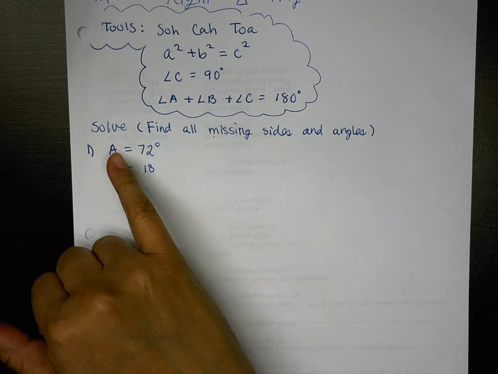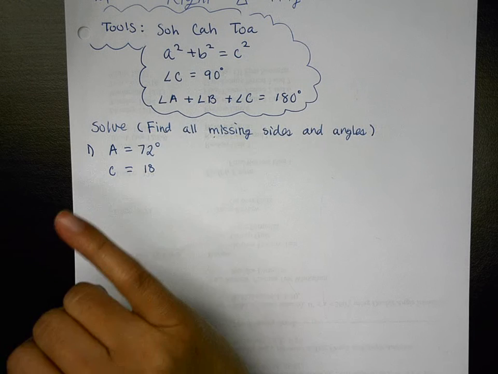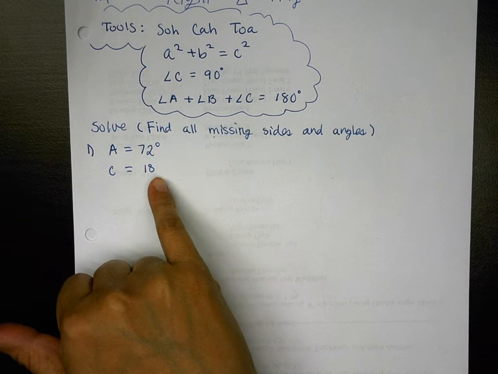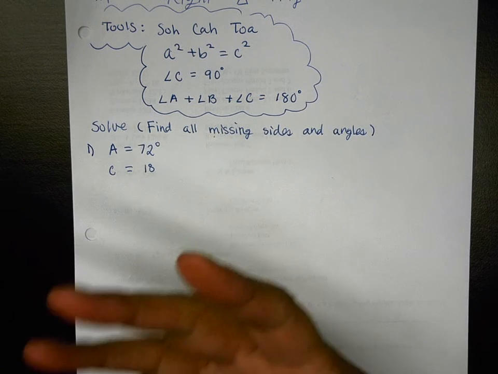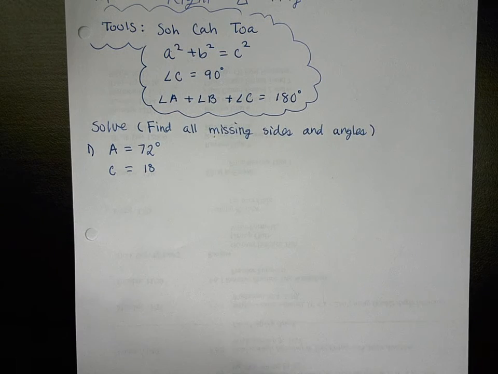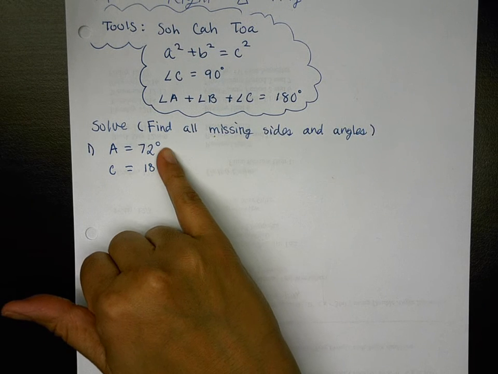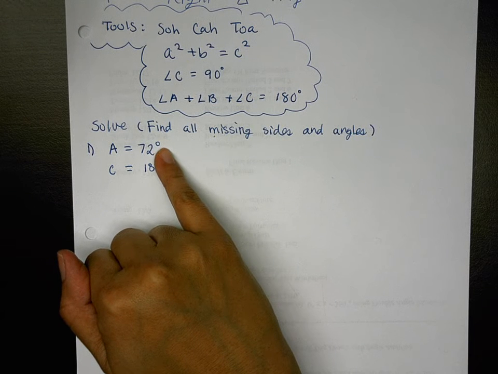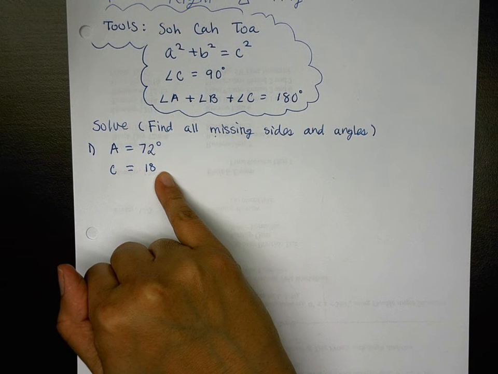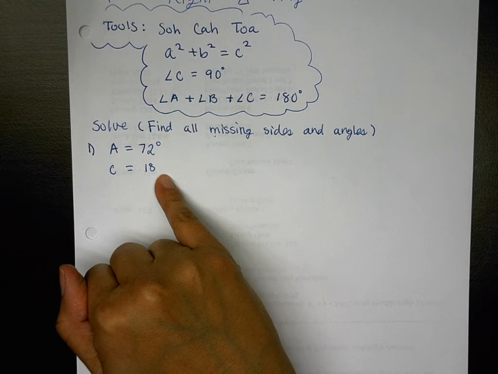Now, there's going to be uppercase letters and lowercase letters, and it's kind of hard to see with the C. Is that uppercase or lowercase? Here's how you tell. Uppercase are angles, lowercase are sides, and I can tell because of that degree symbol that that is an angle, and because this does not have the degree symbol, that is a side.